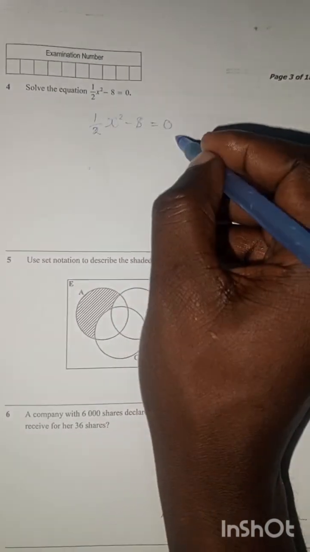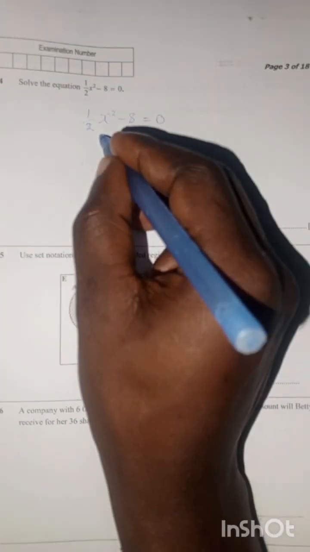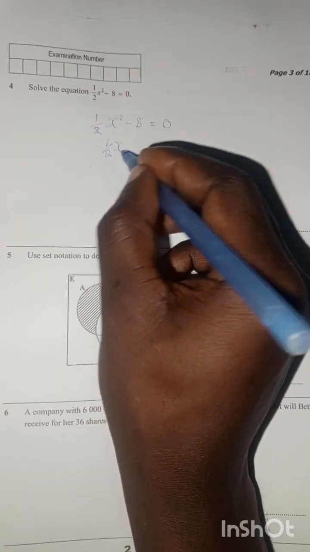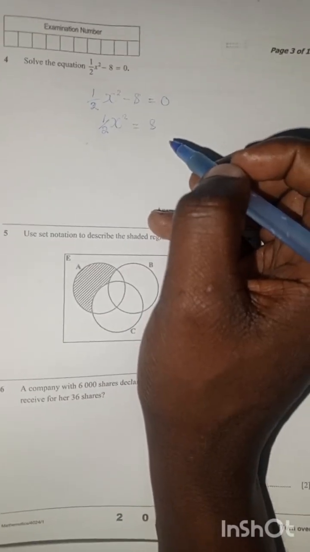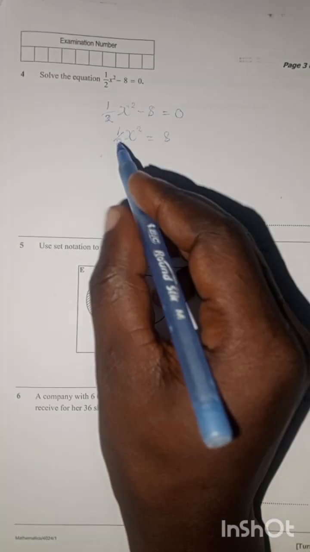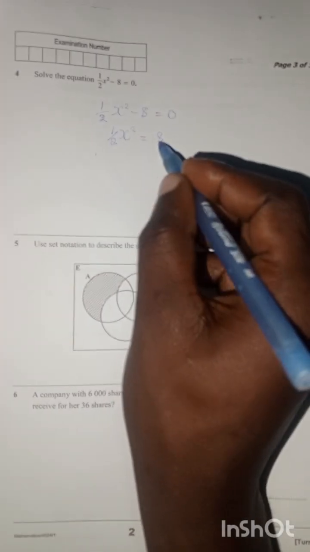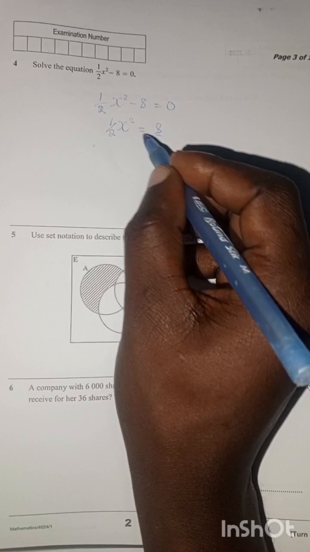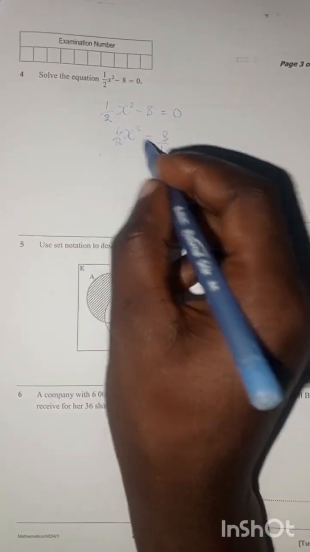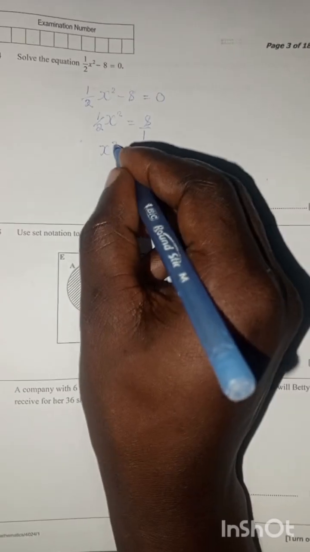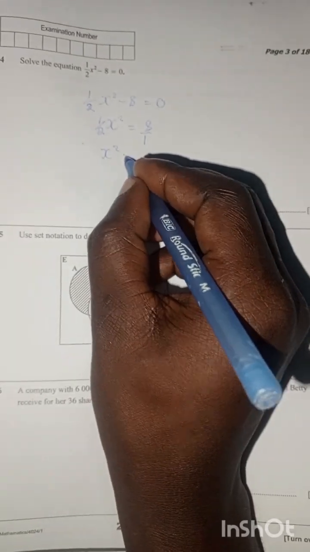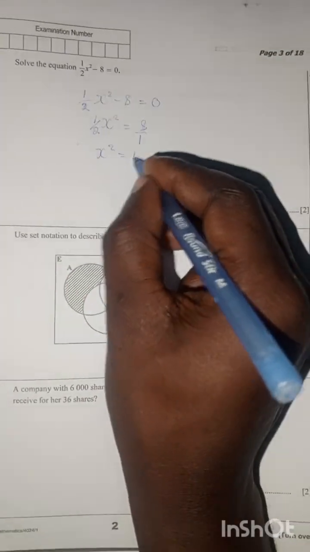First thing, just move the 8 to the other side. This will give us 1 over 2 x squared is equal to 8. Once we have it that way, we can divide by 1 so that we can cross multiply. 1 x squared times 1 gives x squared, and this is equal to 2 by 8, that will give us 16.